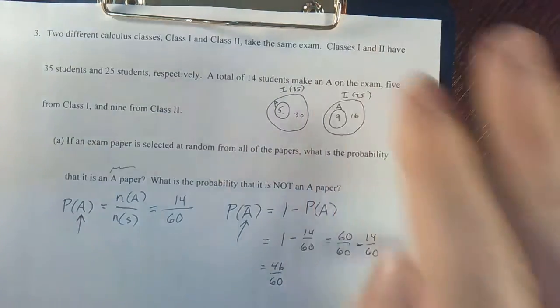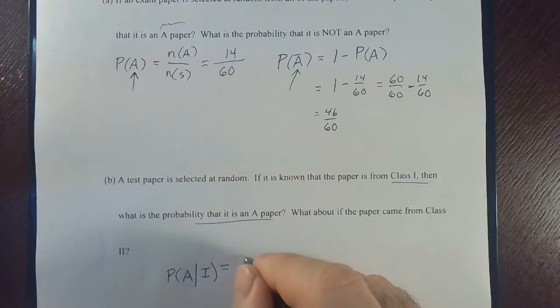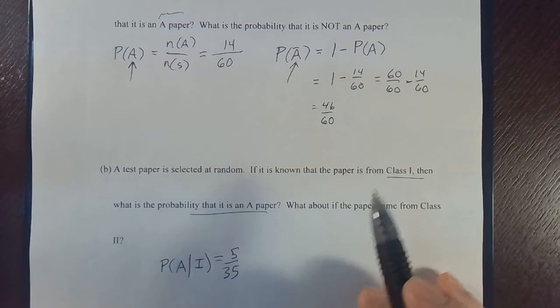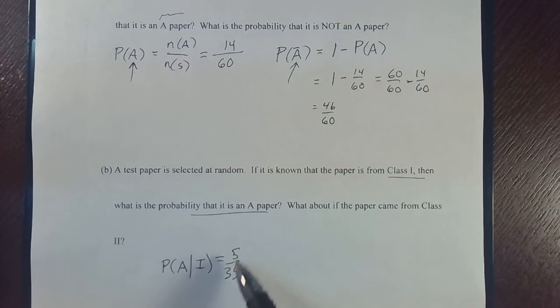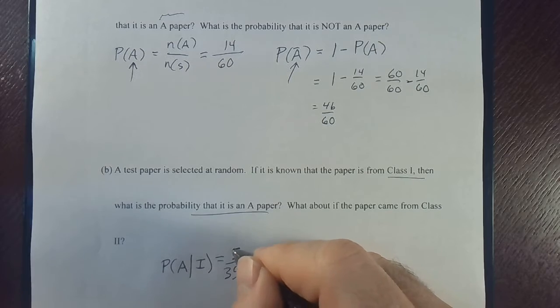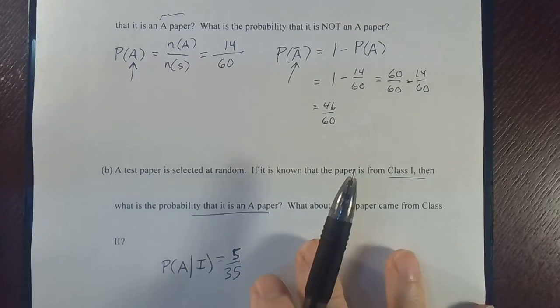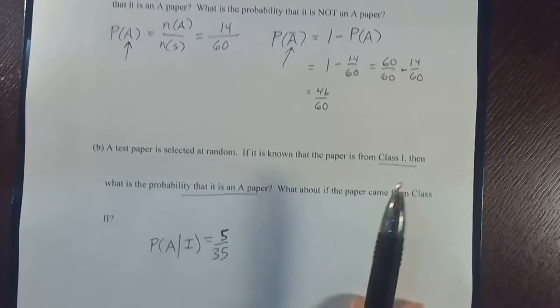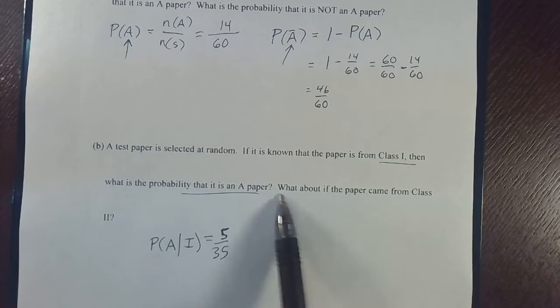So it'll be 5 over 35, which of course reduces to 1/7, but I kind of like to keep them this way because the denominators in this one were 60, and let's see what the denominator is for the next one.